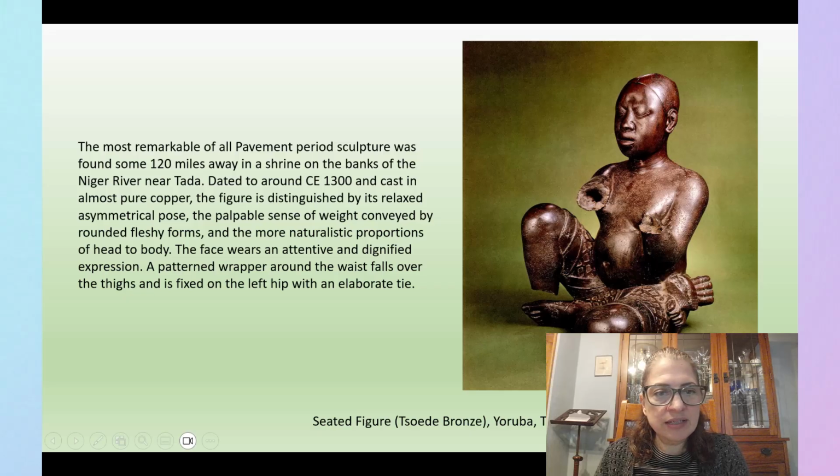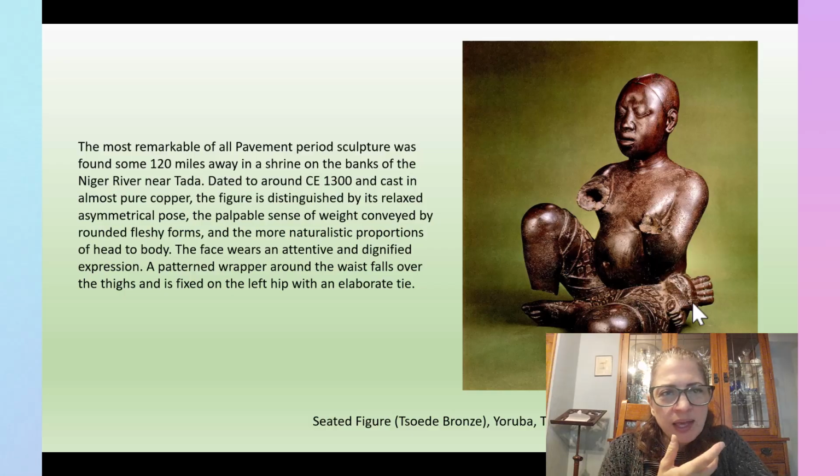This figure is in somewhat of a relaxed pose. And we see the figure has some kind of skirt or pants on that looks like it is tied here at the waist. And you can see that the face is kind of in a grimace in a way, I would say, almost as though the face is showing pain, in my opinion.